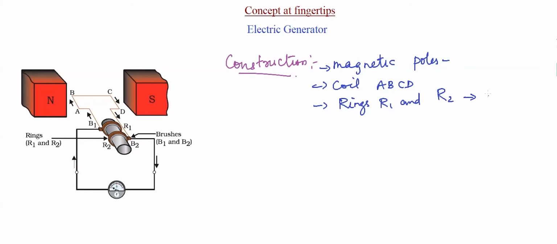These two rings are also known as slip rings. And two brushes B1 and B2 to make external contact. And in this figure, we also have a galvanometer to detect whether a current is formed or not. So that is the basic construction.